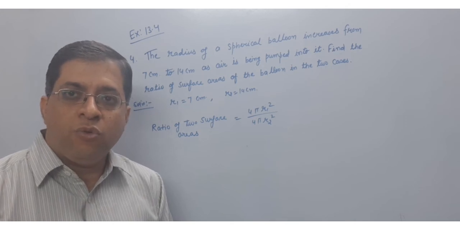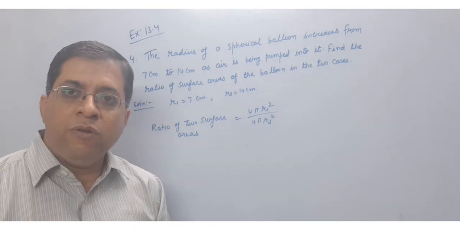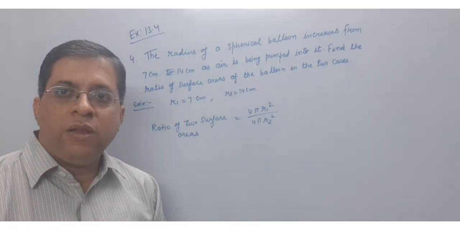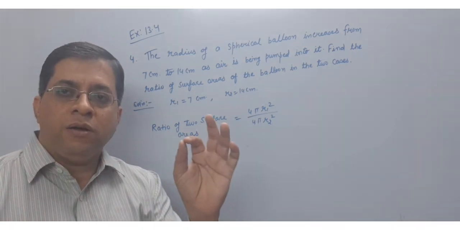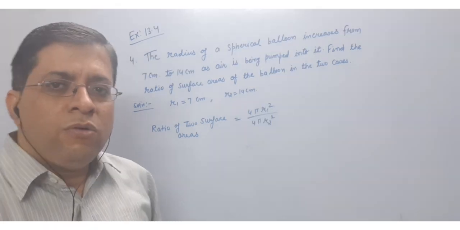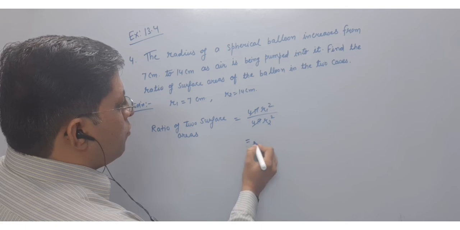What will be the ratio? 4 pi r1 square, this is the TSA of the first balloon, divided by 4 pi r2 square, this is the TSA of the second balloon. Now see here, 4 pi and 4 pi are gone. What is r?